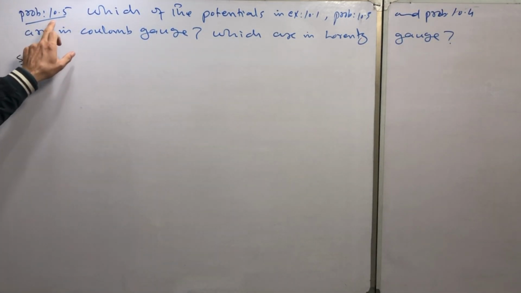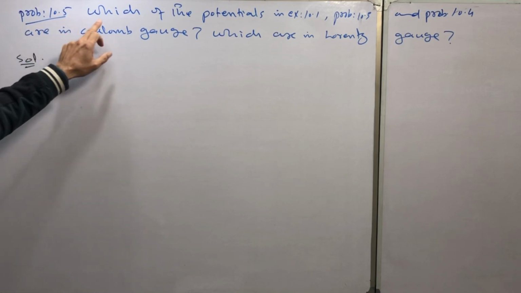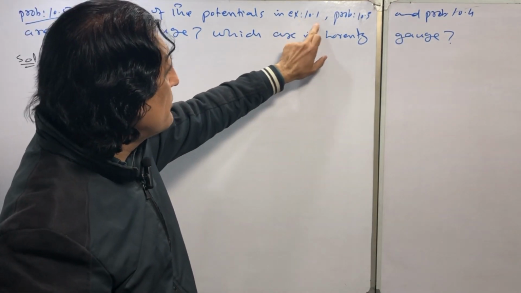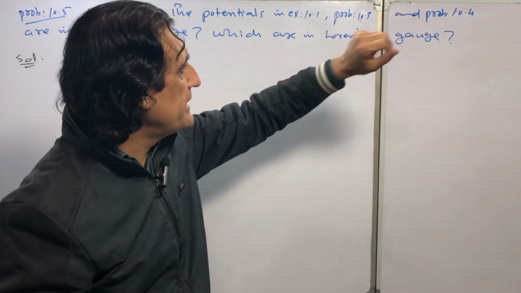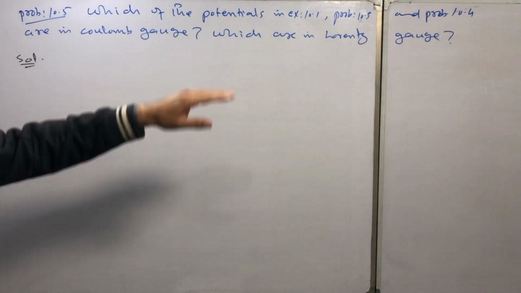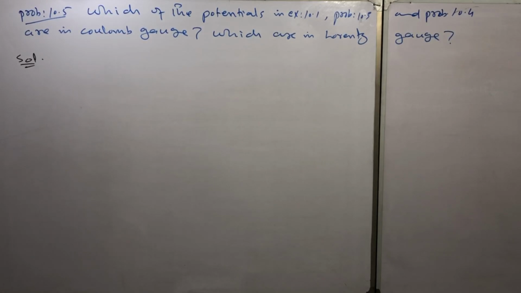This is problem 10.5. Which of the potentials in example 10.1, problem 10.3 and problem 10.4 are in Coulomb gauge, and which are in Lorentz gauge?